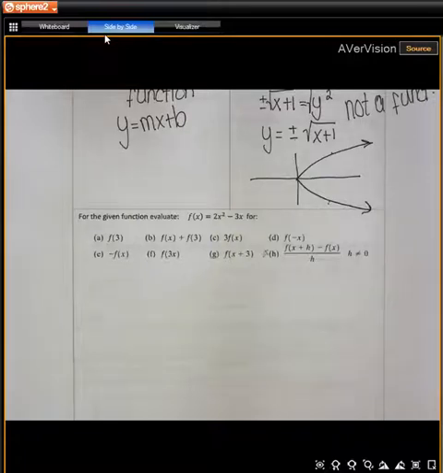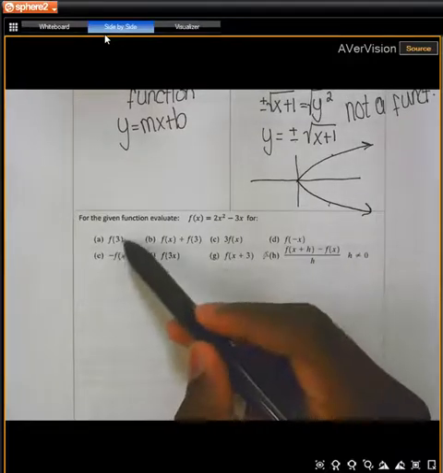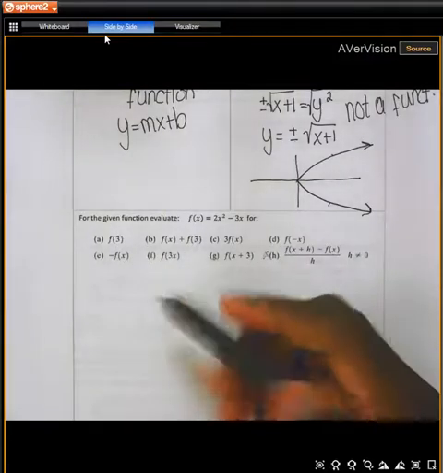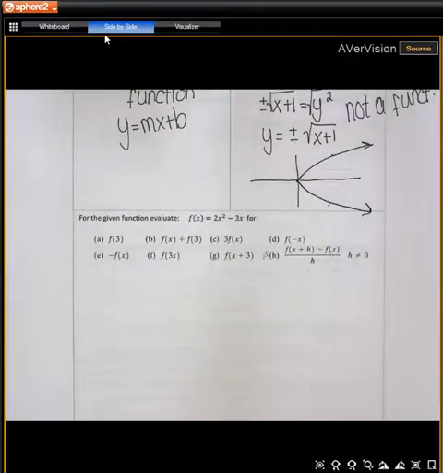All right, the next thing is evaluating functions. Who remembers what f of 3 means? What does that tell us to do? Yeah, substitute 3 for x.